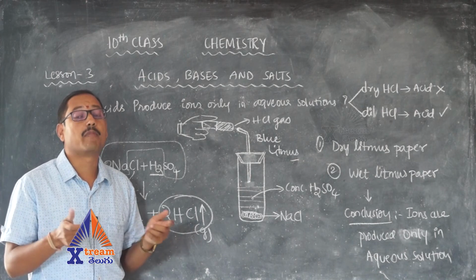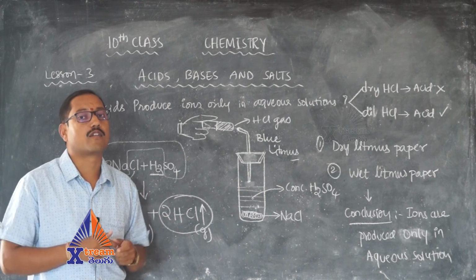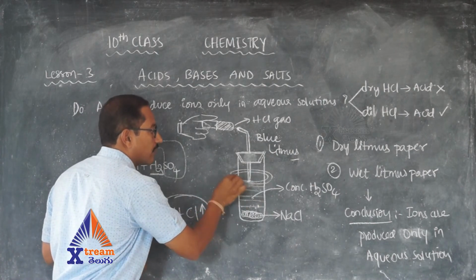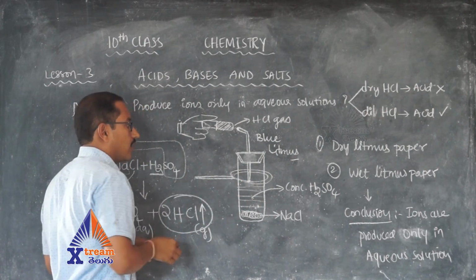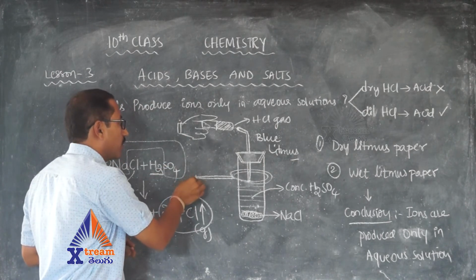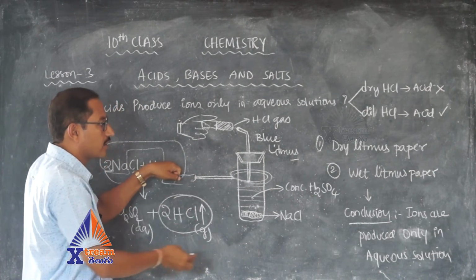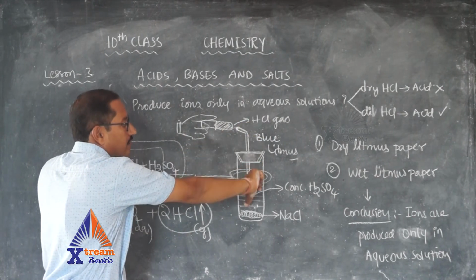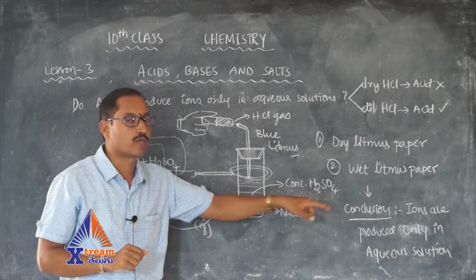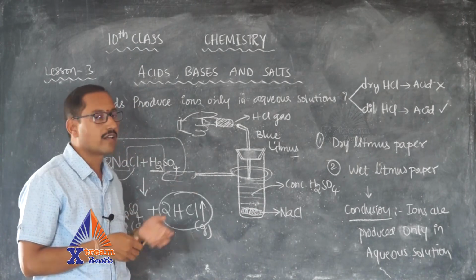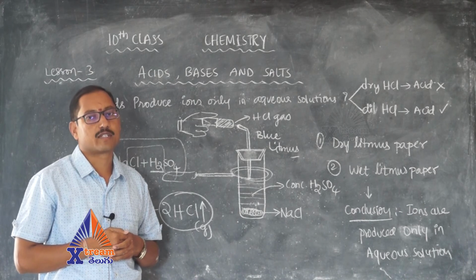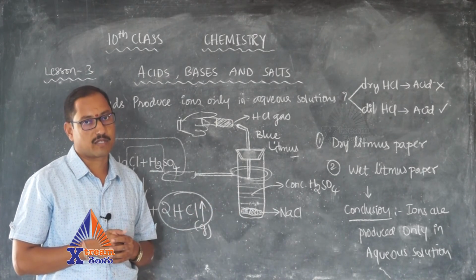Otherwise, you can make use of test tube holders. If the test tube is held using a test tube holder, then we can keep our second hand away as we are pouring the H2SO4 solution, or you can wear hand gloves. These are the precautions to be taken while doing this experiment.